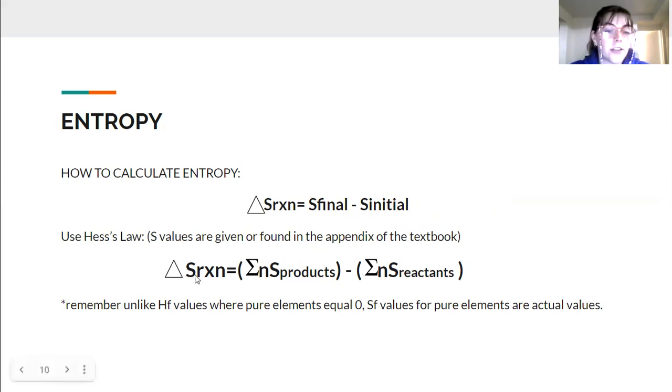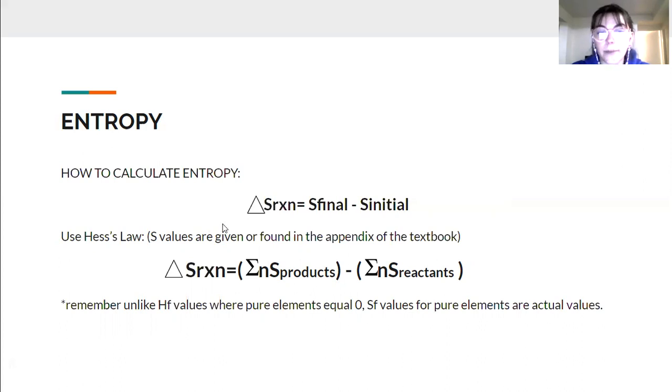Our change in entropy of a reaction is equal to the sigma, or the sum, of the entropy of the products times the moles of the products, minus the sum of the entropy of the reactants times the moles of the reactants. When using this equation, our S values are given to us, or they're found in the appendix of the textbook.